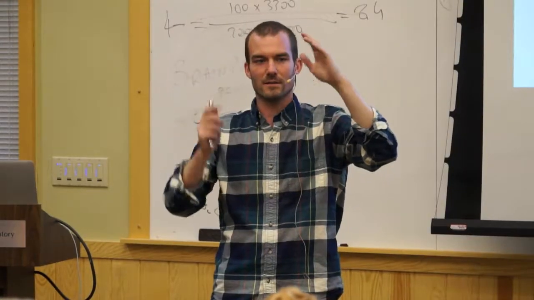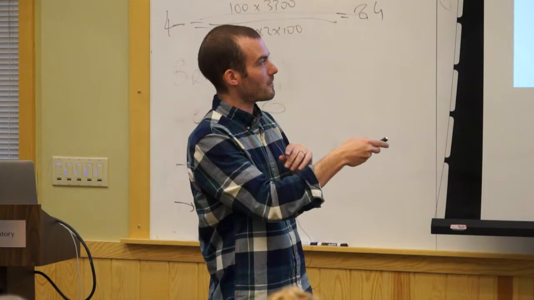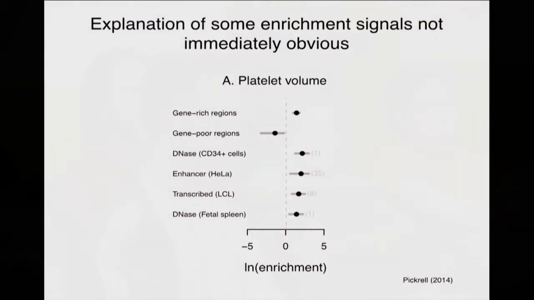So these are correlated. It's the number of other things that are highly correlated with this. So there are 35 other things that are really highly correlated with enhancers in HeLa cells, that predict equally as well. And so one is there's nothing that predicts as well as the fetal DNA hypersensitive sites in the fetal spleen.